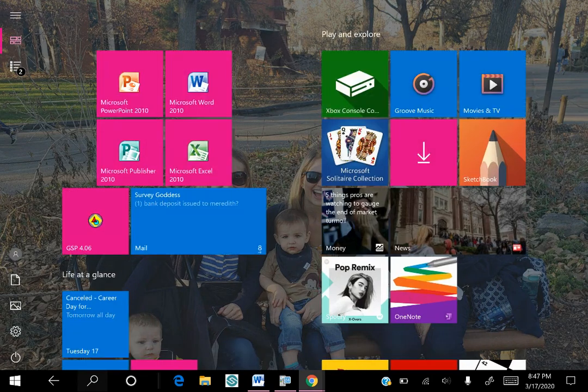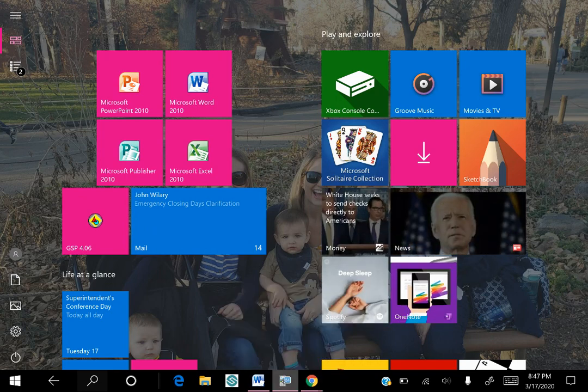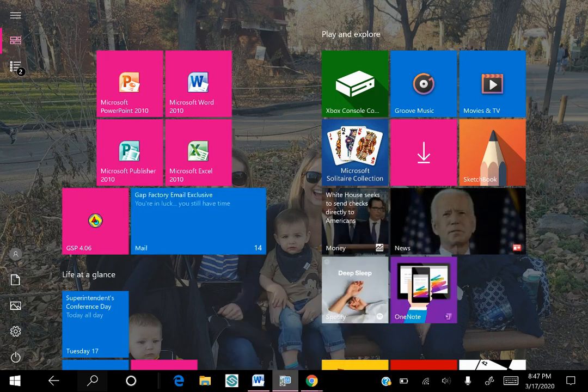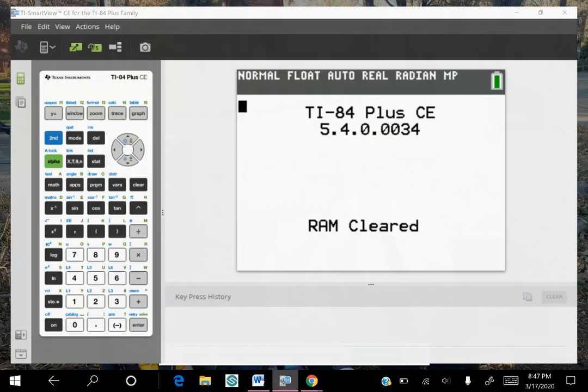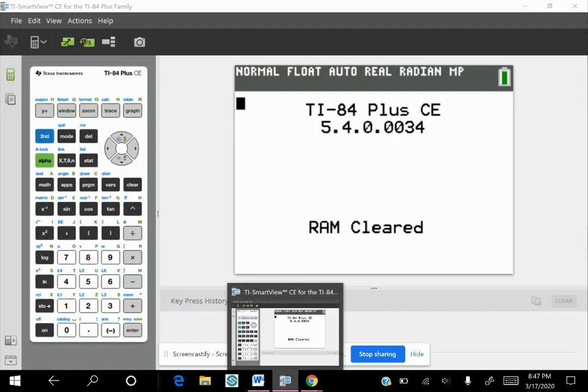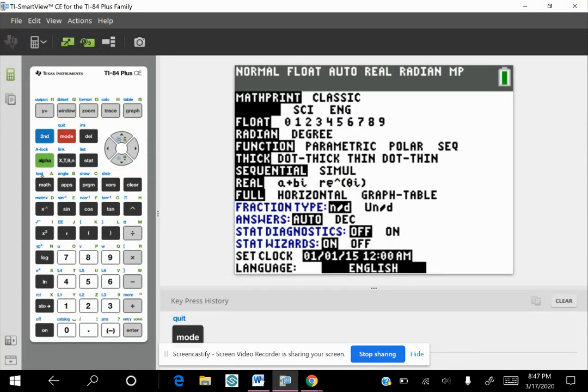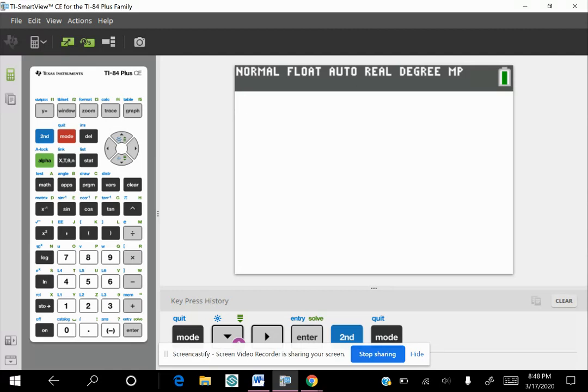So from now on, when we reset our calculators and we're taking a test or quiz or the Regents exam, you want to make sure you go to mode, and then you're going to come down here where it says degree and hit enter. Okay, and then you can do second mode to get out of that.